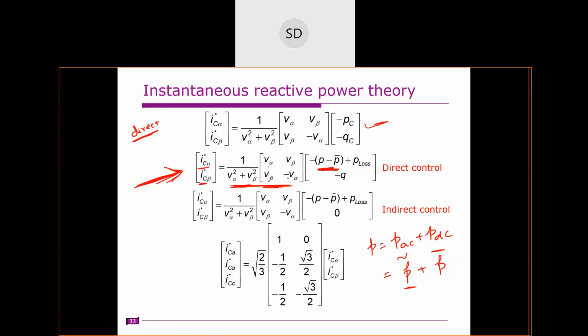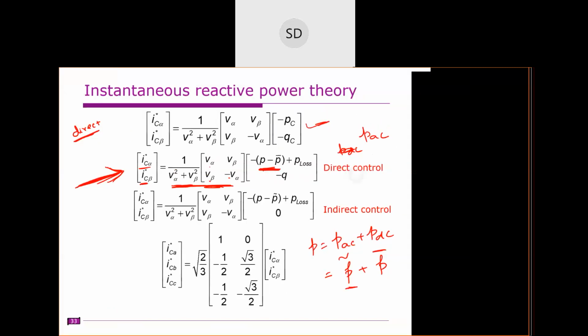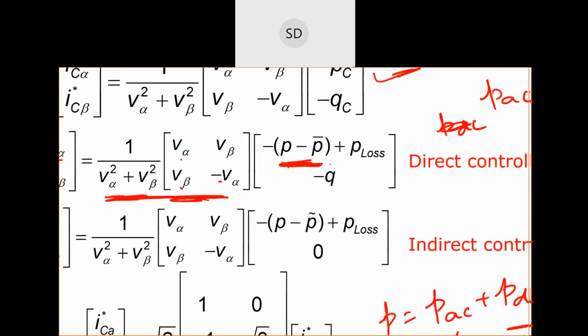P bar is P_DC. So P minus P bar, the sine wave part, is P_AC.